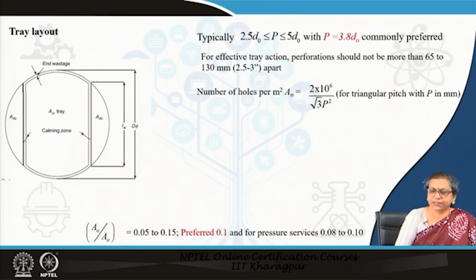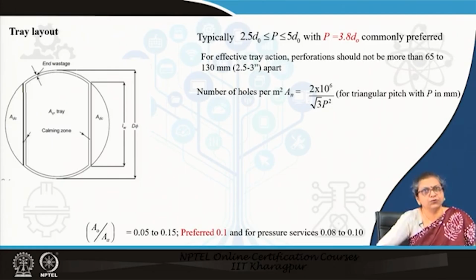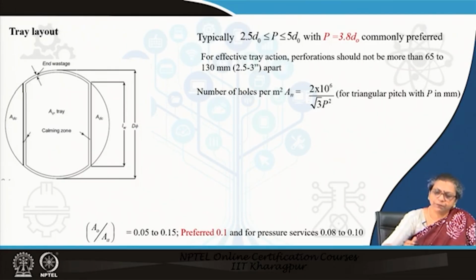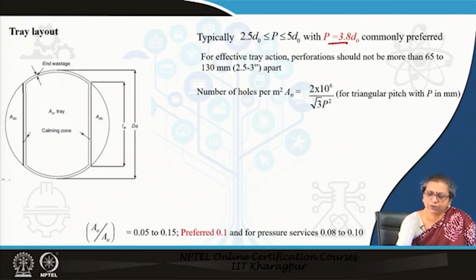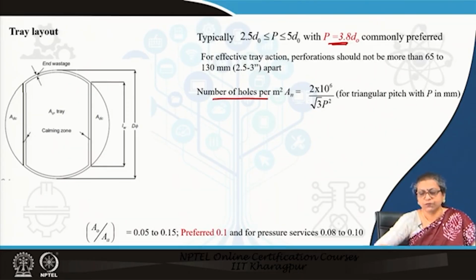And along with that, once the hole diameter has been fixed, next we come to fix the pitch. Conventionally, to start with, you can use this particular pitch, and once the pitch and diameter are fixed, we can fix the number of holes per meter square of the net active area. When it is a triangular pitch, then from geometry we know that this is the total number of holes.